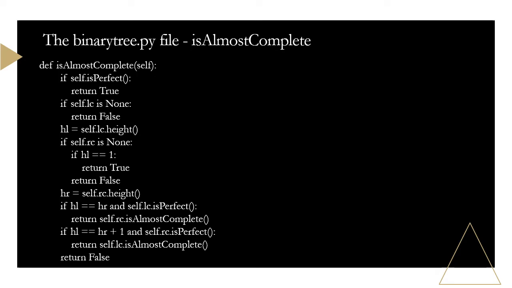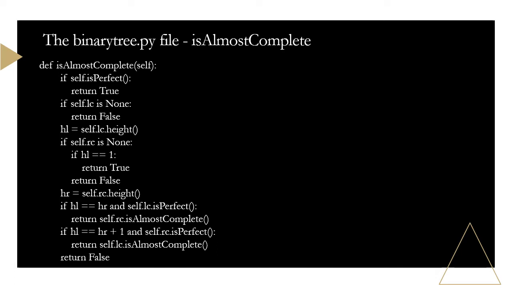Now, if there is no right child and the height of the left subtree is 1, the height of the left subtree being 1 means there is a leaf on the left and there is no right child. Repaint the tree in your mind. There is a root, it has a leaf on the left but no right child. So we return true because this is almost complete.